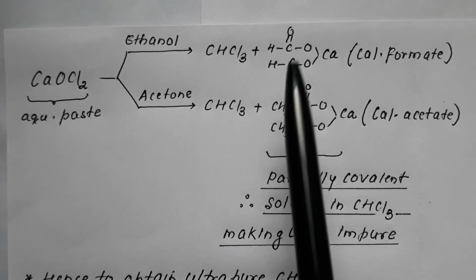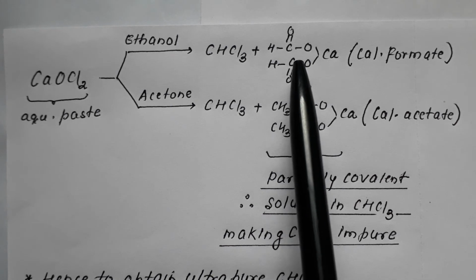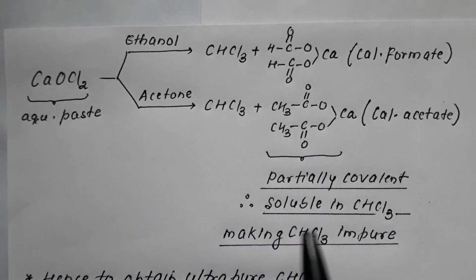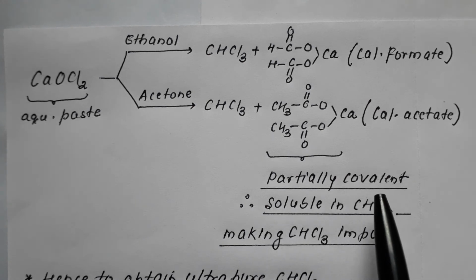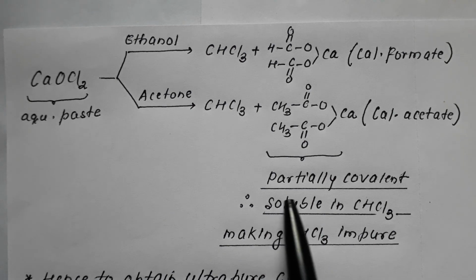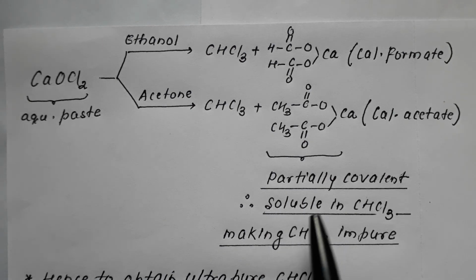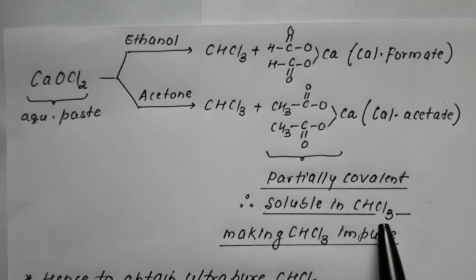But very important, both these compounds, calcium formate and calcium acetate, are partially covalent, meaning they are not completely ionic. So they have covalent character, due to which they are soluble in chloroform.